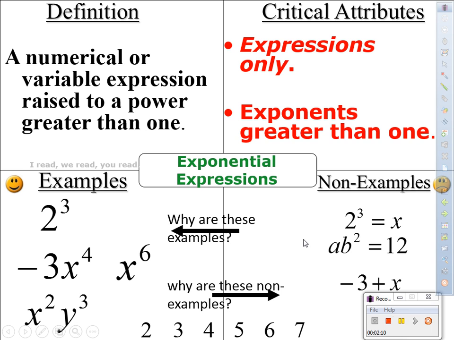Step 1, identify if the exponential expression is a product of powers, power of power, or power of product. Step 2, use the appropriate property to compute. And step 3, simplify. So yeah, we don't need to write those, but we know these steps.